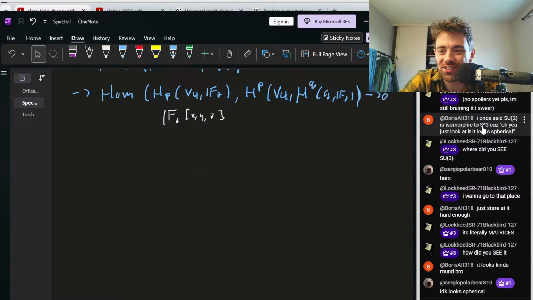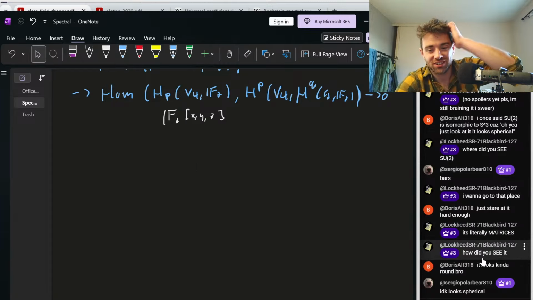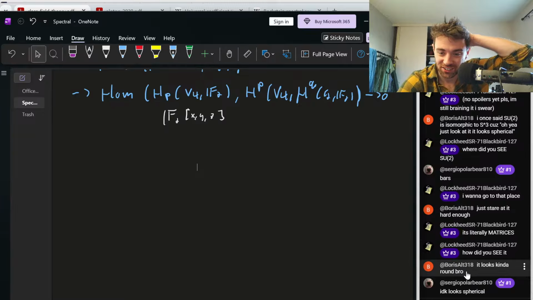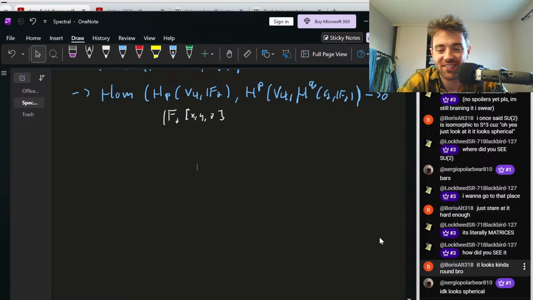You once said SU2 is isomorphic to S3 because, oh yeah, just look at it. It looks spherical. I mean, fair. Just stare at it hard enough, yeah. It's literally matrices. How did you see it? In your mind. It looks kind of round. It just does, yeah. I agree.